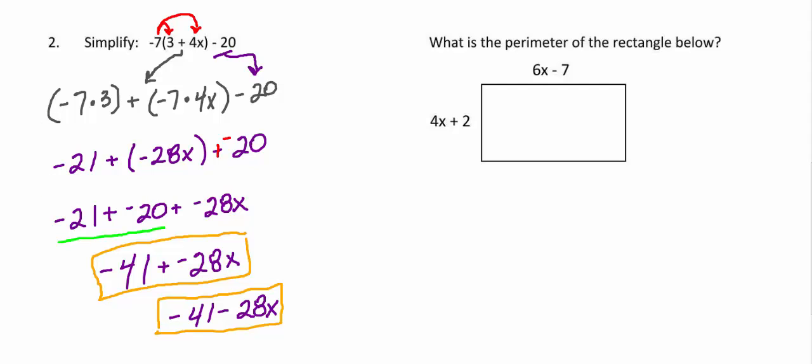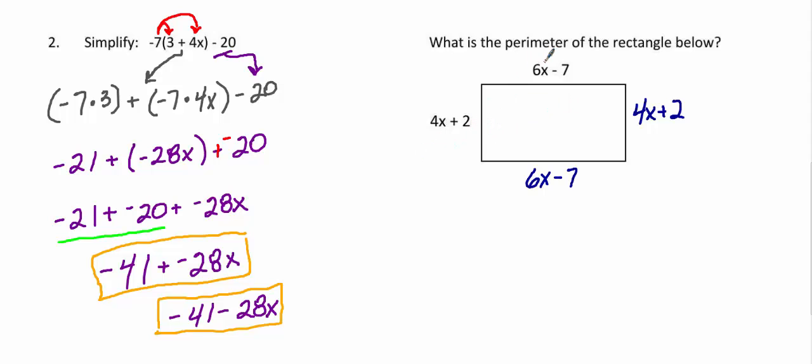Let's jump to our perimeter problem. Writing the perimeter numbers all the way around helps us remember that we have to add 4 sides. That's one of the most common mistakes, is only adding 2 of the sides together. If you noticed, as you're playing the video now, if you realize, oops, I didn't add all the sides, pause it, finish out the problem correctly, and then come back and watch it.